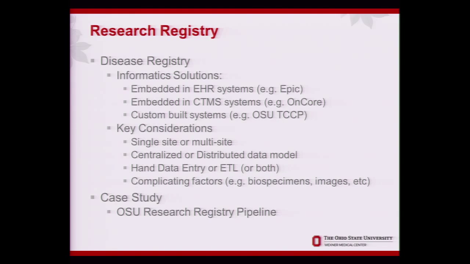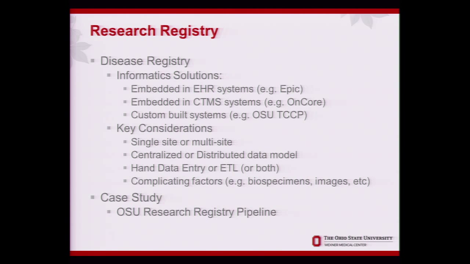So, research registries. Research registries can take a lot of different looks and feels, and we're going to focus very specifically on a tool that the CCTS and Biomedical Informatics recently released. But some of the registry information that you may hear about here at OSU includes our informatics solutions, where we've embedded registries directly in our electronic health record.